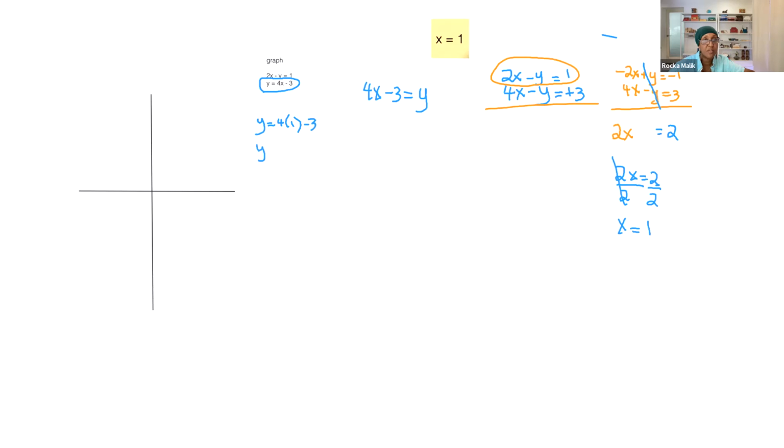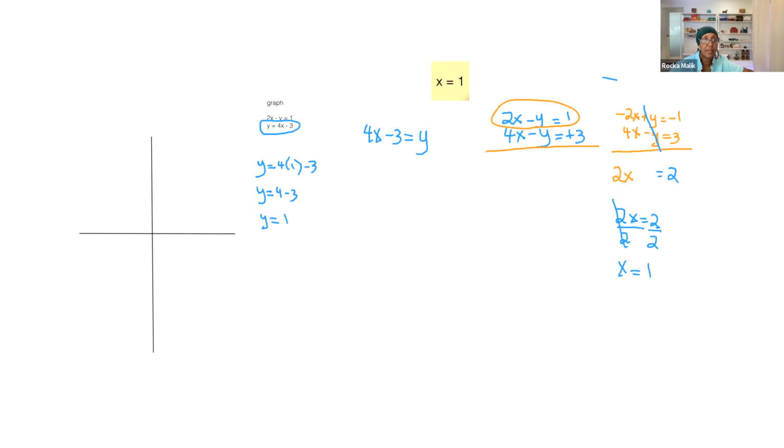So y equals 4 times 1 is 4 minus 3. 1 minus 3 is 1. So my x is 1 and my y is also 1.